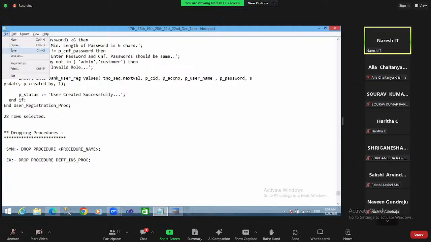That is enough. Completed. Your procedure is dropped. This is the total procedures concept in our Oracle database. Some more procedures we will discuss later in coming chapters.